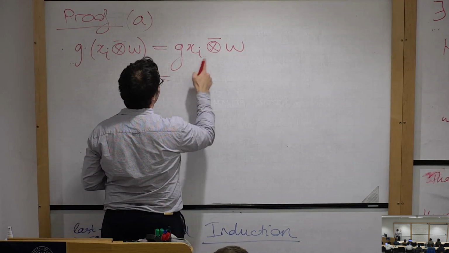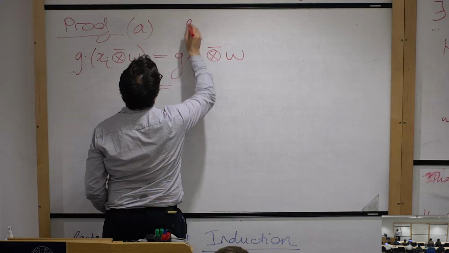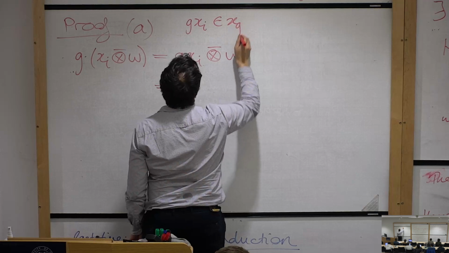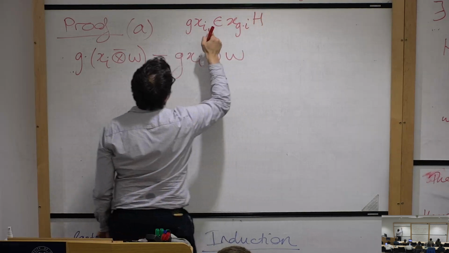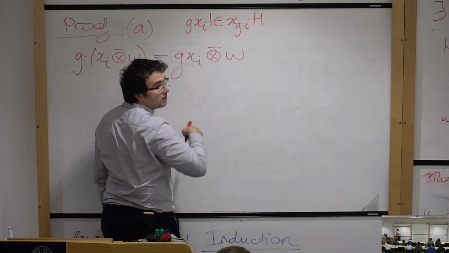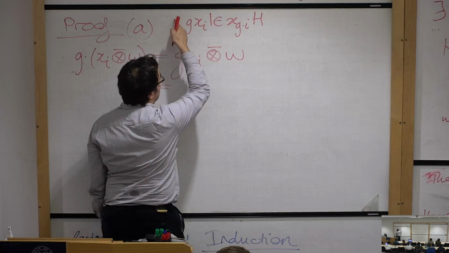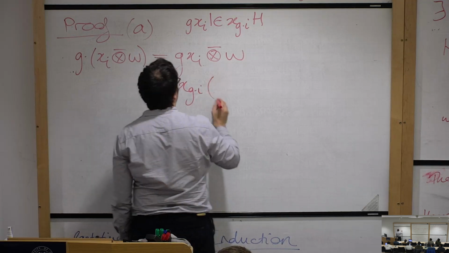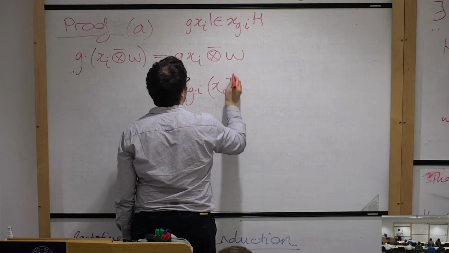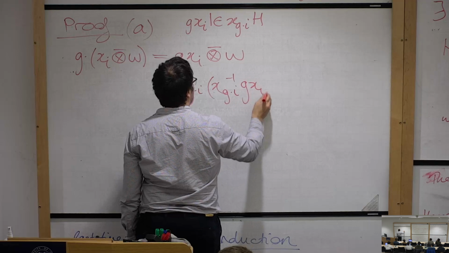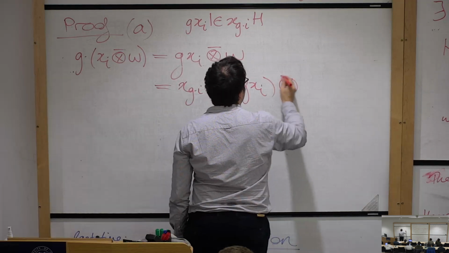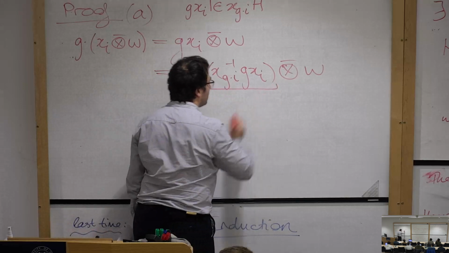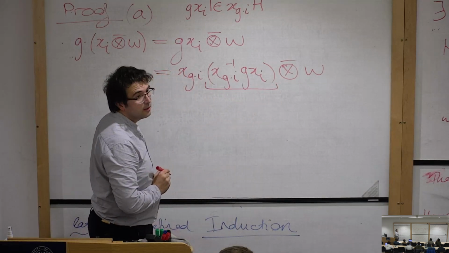The trick here is that g x_i does lie in x_{g.i} H, right? Because this is 1, and 1 is in H. Yeah, so I can just take the inverse. Nothing's happened so far, except to observe that this group element is in H by construction.